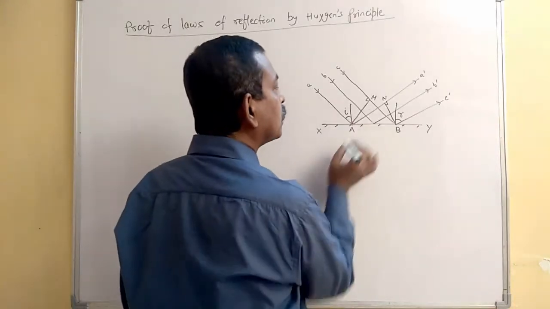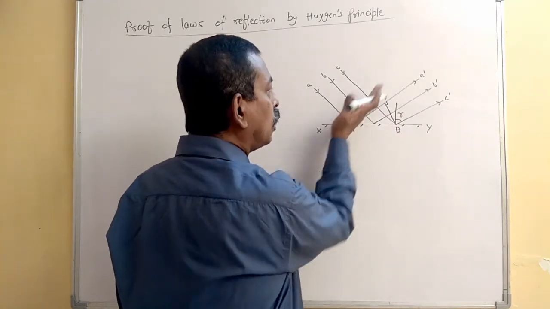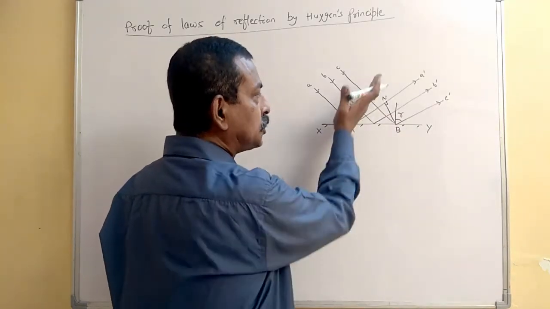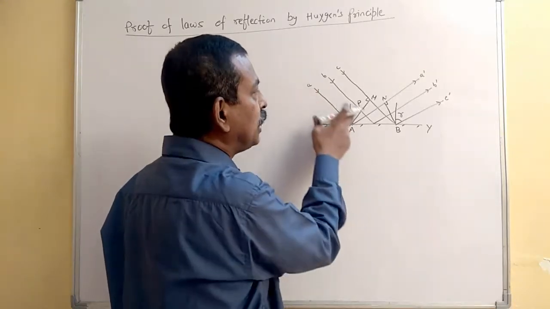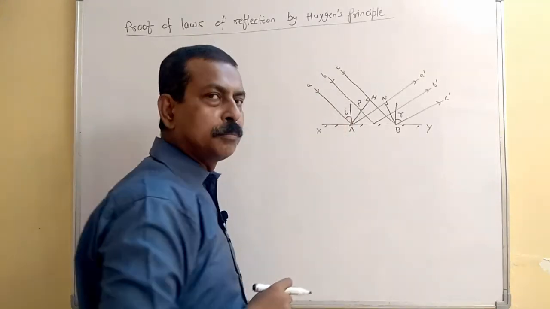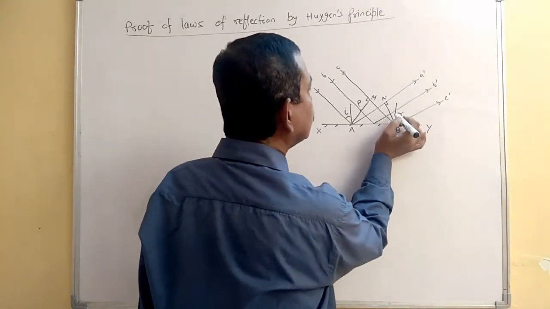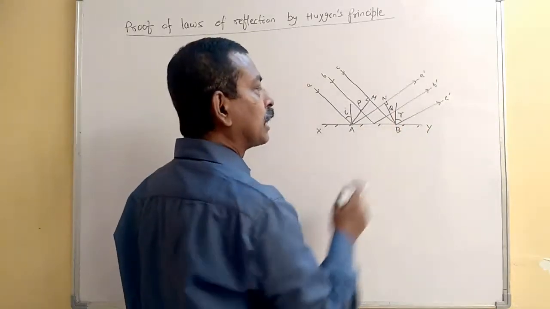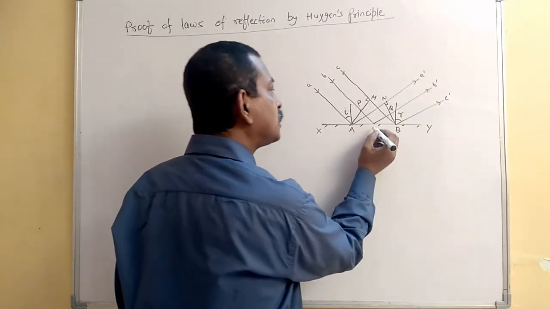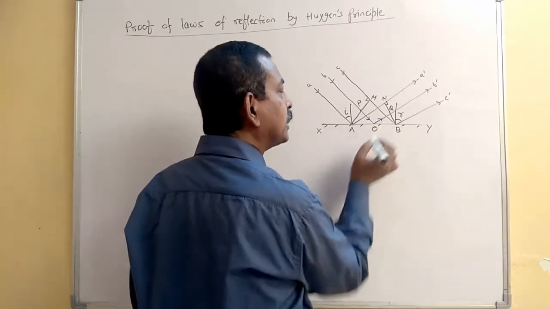Let's now take a point P here on this particular incident wave front, and basically this point P is there, the wave which is coming from B. And similarly, here we take the point Q, which is there on the reflected wave front, and this is the point O, where it is meeting and is getting reflected.